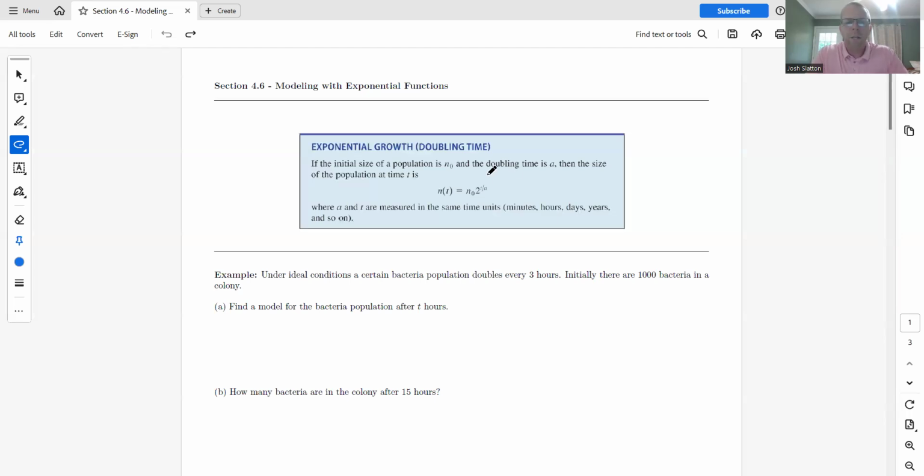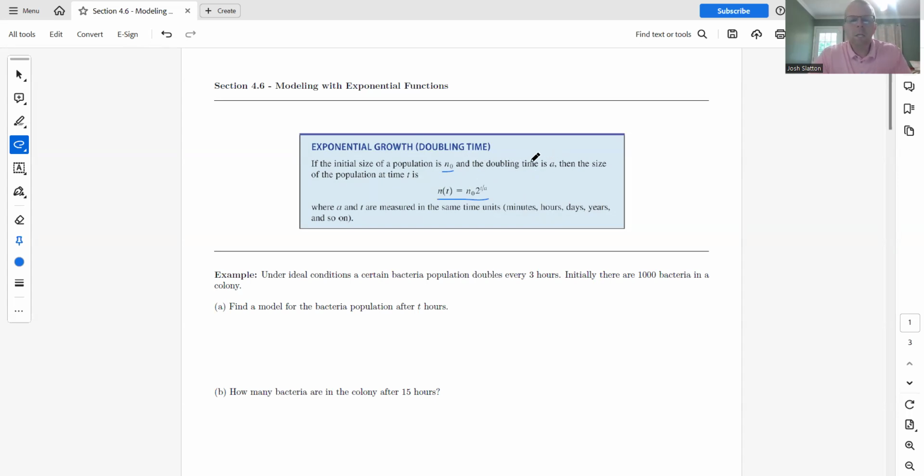If we have an initial population N naught, and the doubling time is a, and a can be measured in whatever time unit, so you can see minutes, hours, days, years, whatever, then the size of the population at time t is given by this formula. You have the initial amount times 2 raised to t over the doubling time.